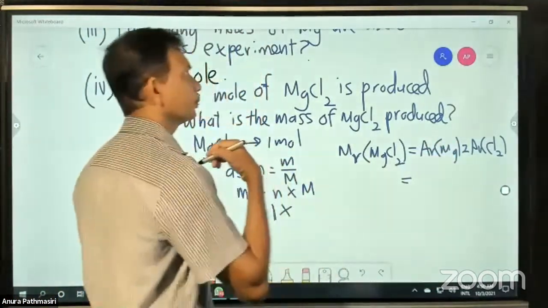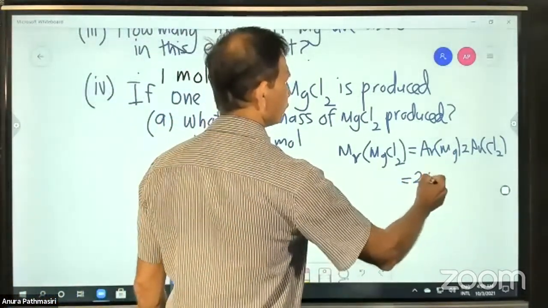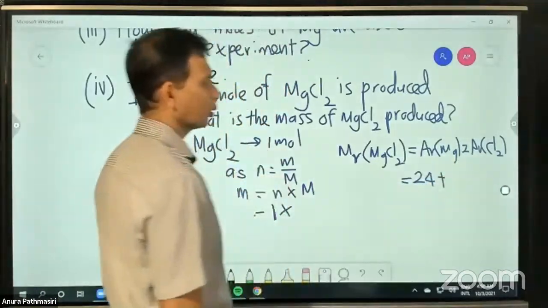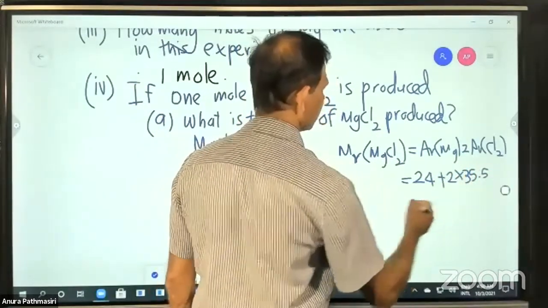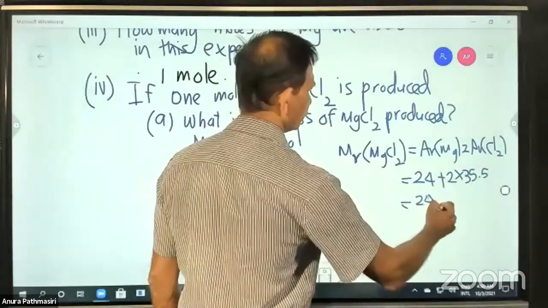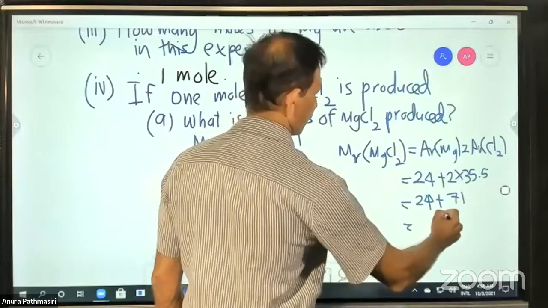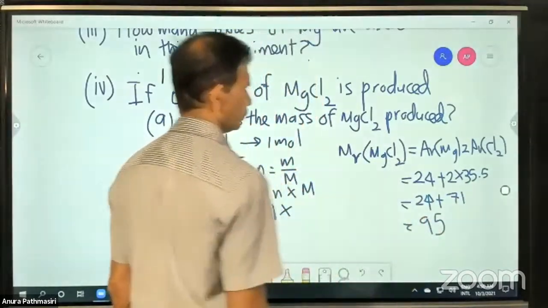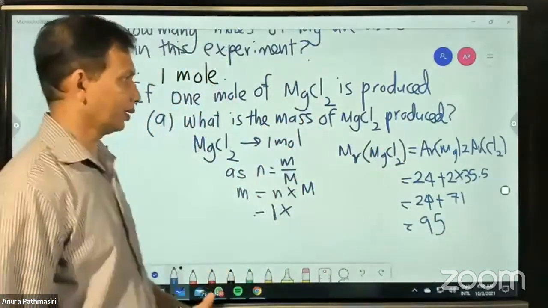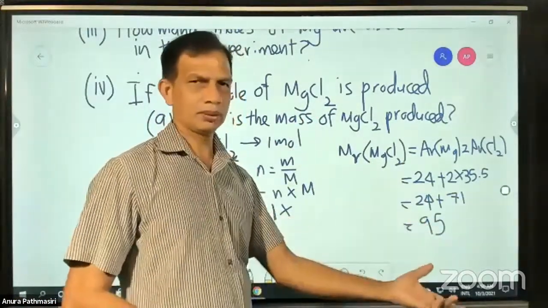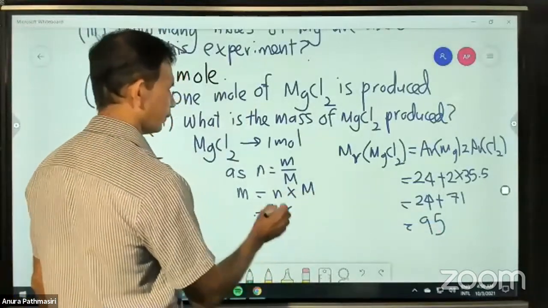Ar of magnesium is 24. Ar of Cl is 35.5, so 2 times 35.5 is 71. 24 plus 71 is 95. So magnesium chloride's molar mass, relative molecular mass, is 95.